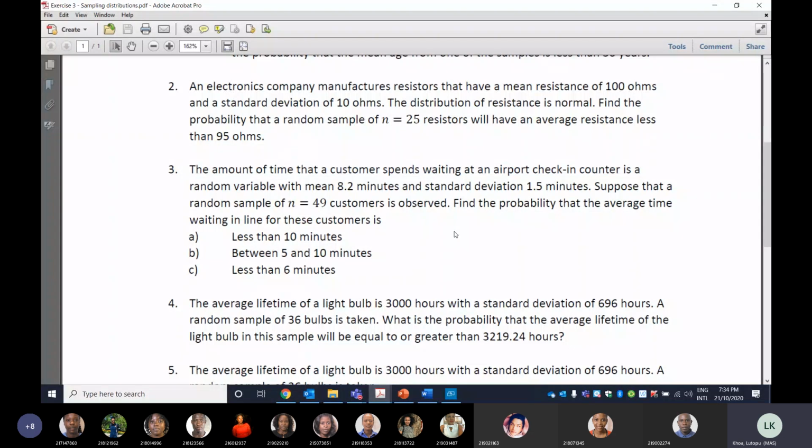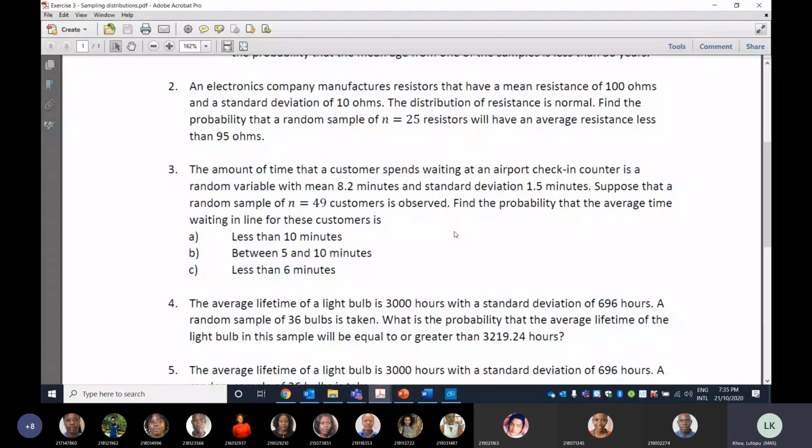Then we want to work out the probability that the average x bar is greater than or equal to 3,219.24.